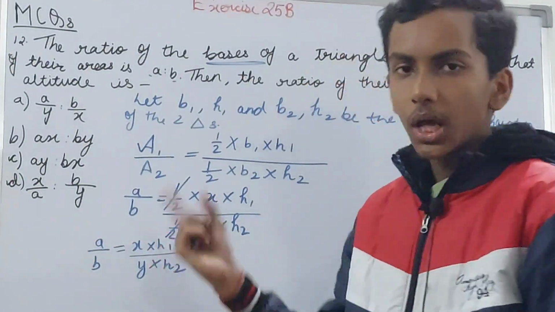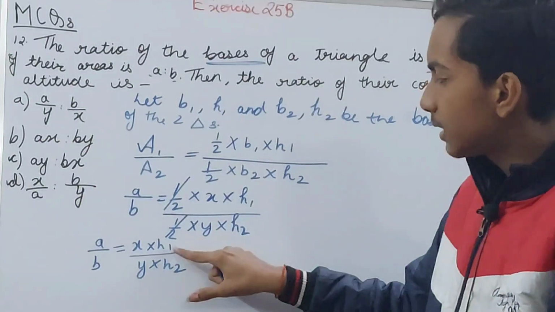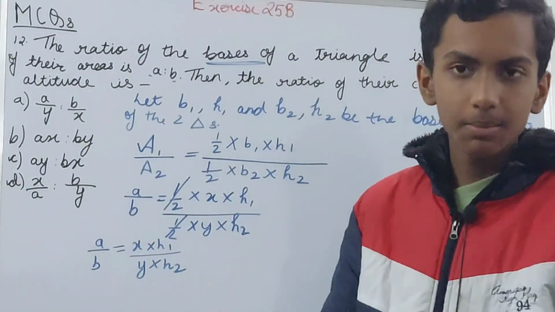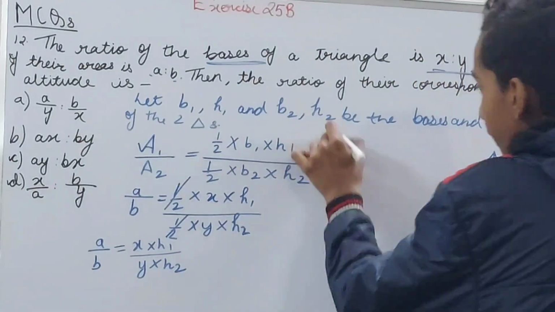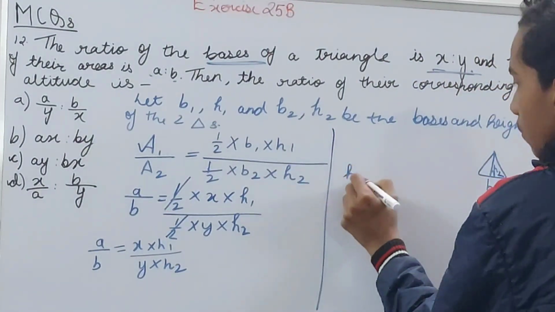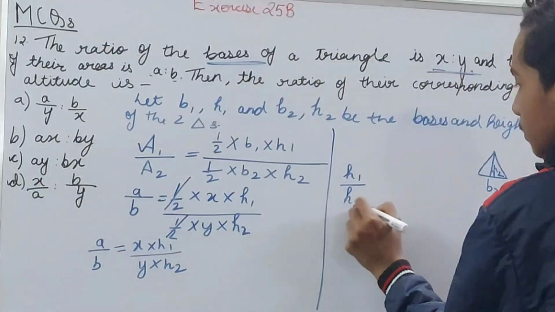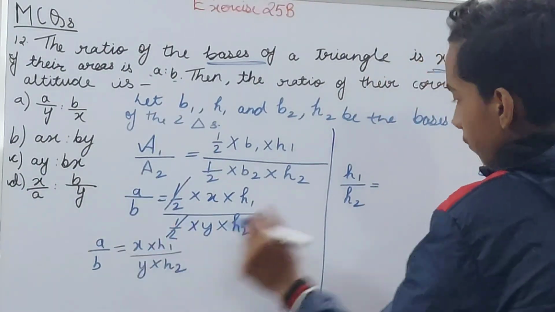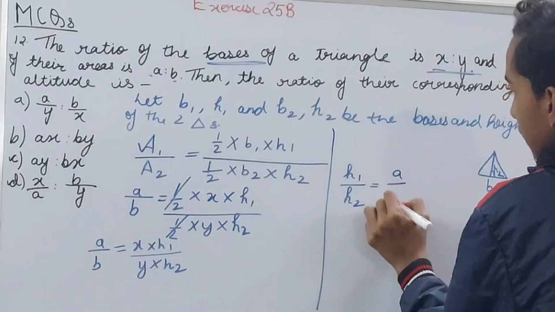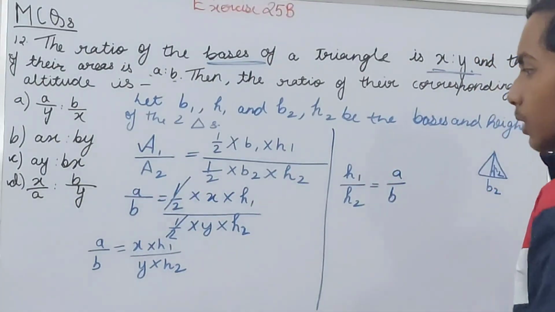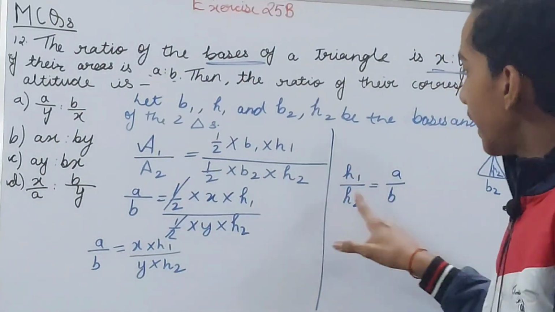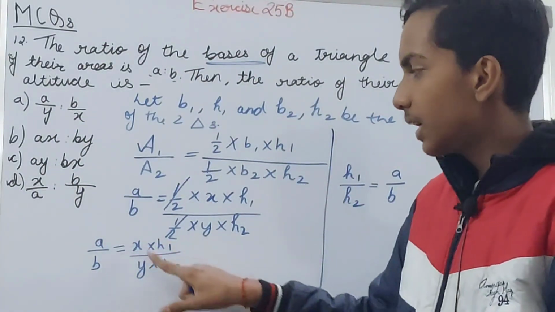So I can write this as h1 upon h2 is equal to whatever it is coming, that will give me my ratio. See, h1 upon h2 is equal to x, first of all a by b, you should write that down. This side I have copied here as it is, and for h1 h2 from this side I have taken this x y.